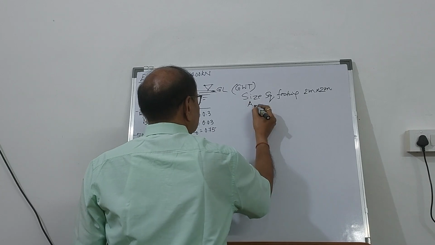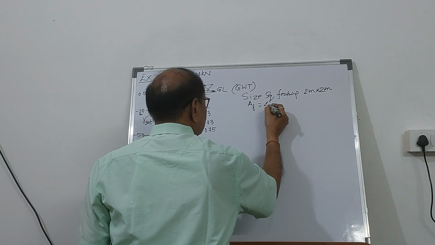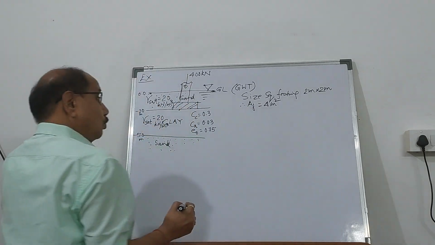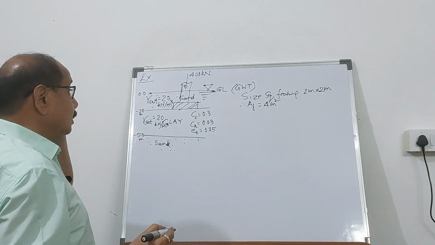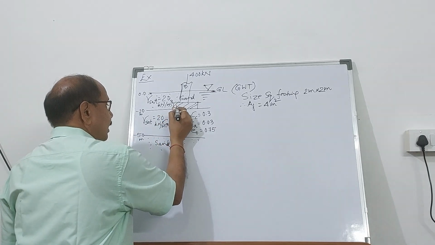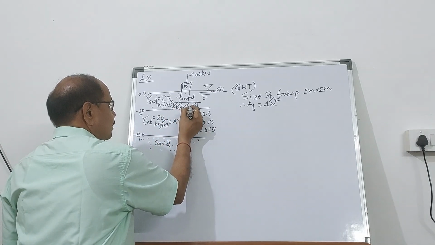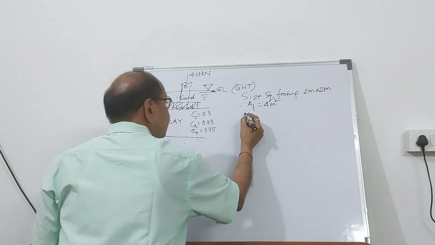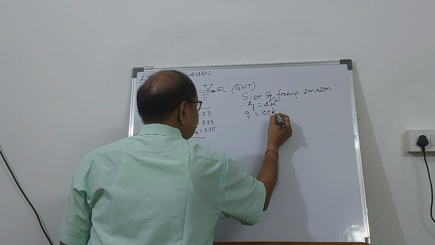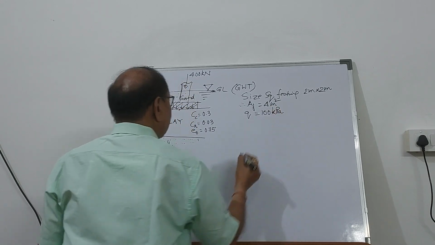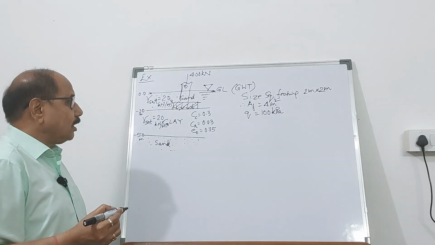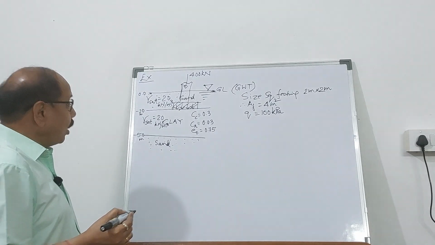So the area of the footing is 4 square meter. So this is the situation. So what is the intensity of loading at the base of the footing? Q is going to be 400 divided by 4, so it is going to be 100 kilopascal.